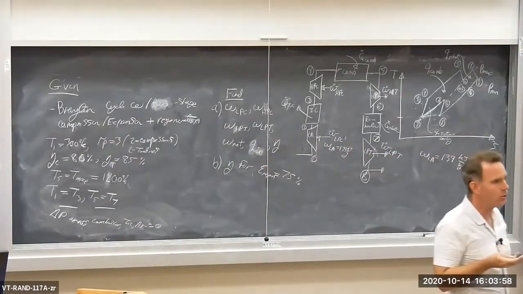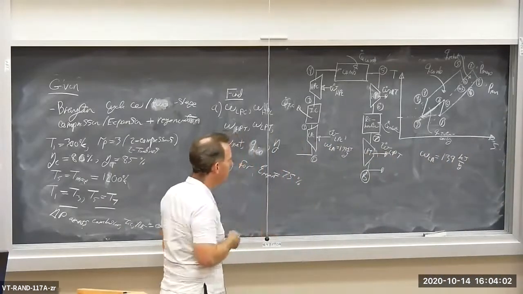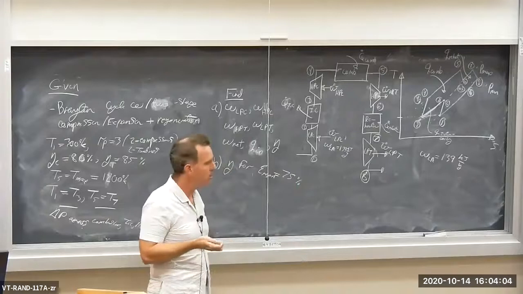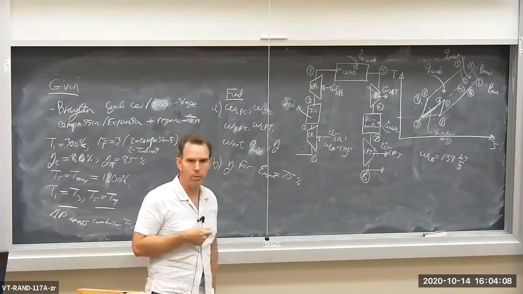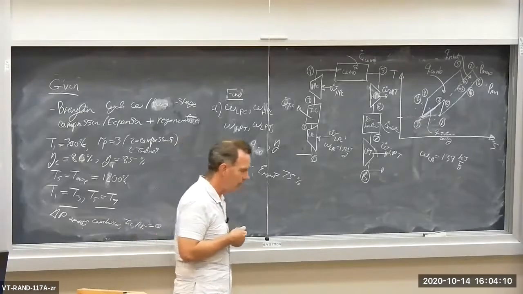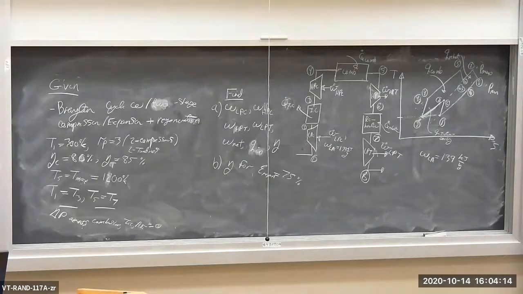So H4 is going to be equal to H2. The specific work for the high pressure compressor is going to be the same as the low pressure compressor. Same pressure ratios, same inlet temperatures, same isentropic efficiencies.